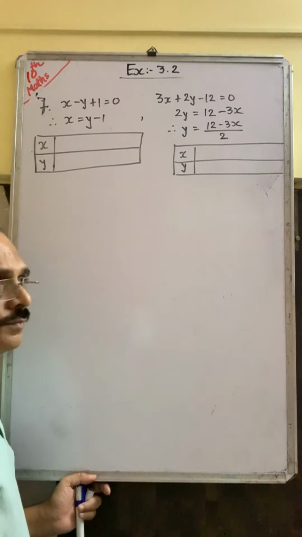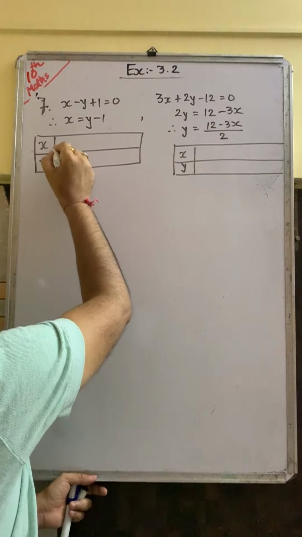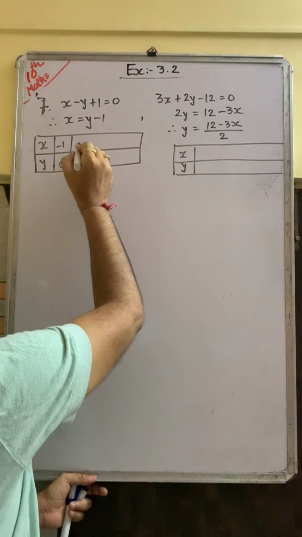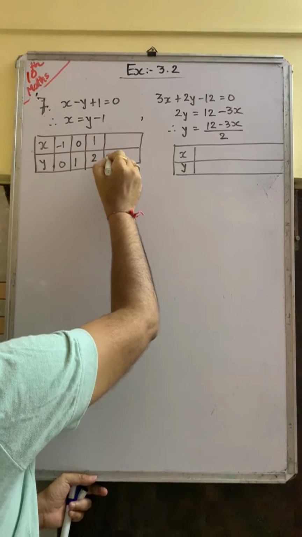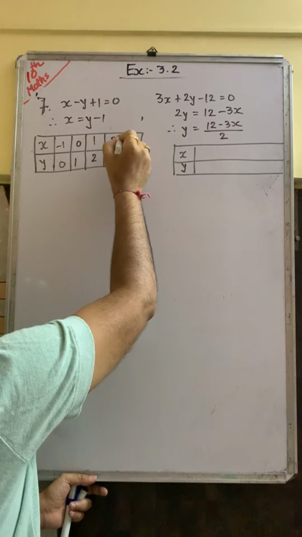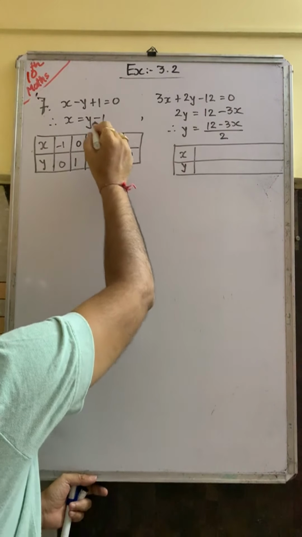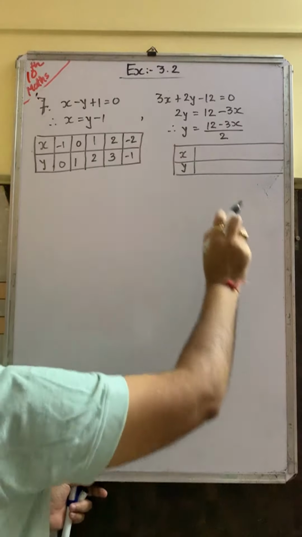Now suppose here if y is 0 then x is minus 1. If y is 1, 1 minus 1 is 0. 2, 2 minus 1 is 1. 3, 3 minus 1 is 2. And if you take minus 1, minus 1 minus 1 will be minus 2.